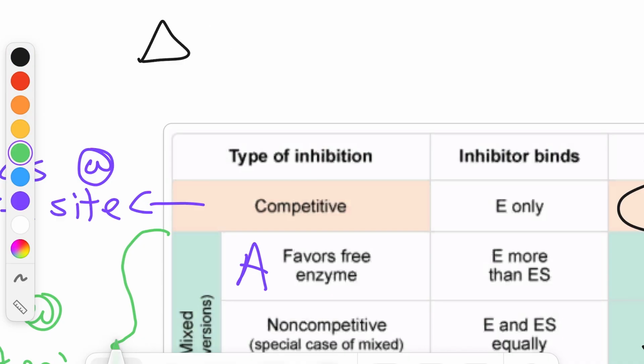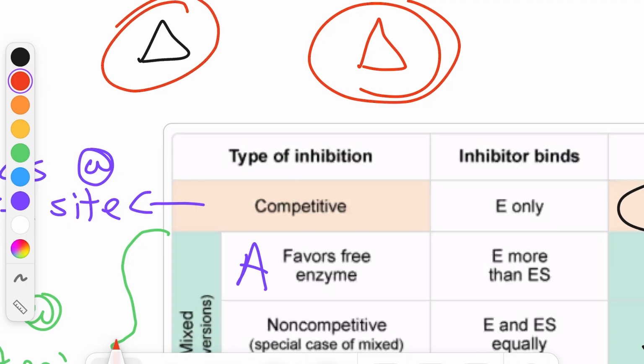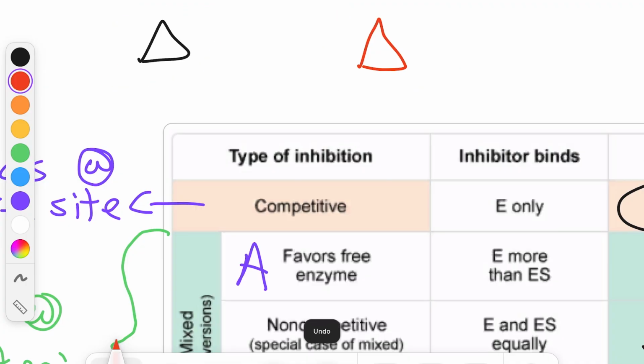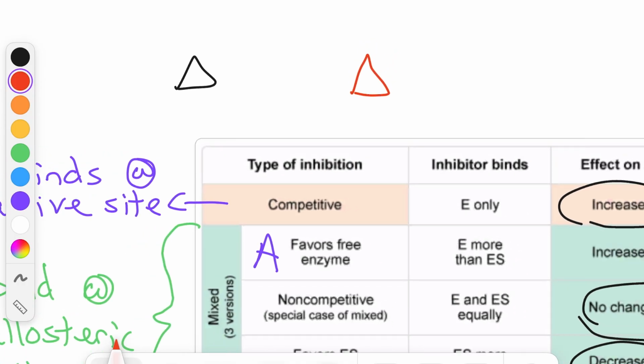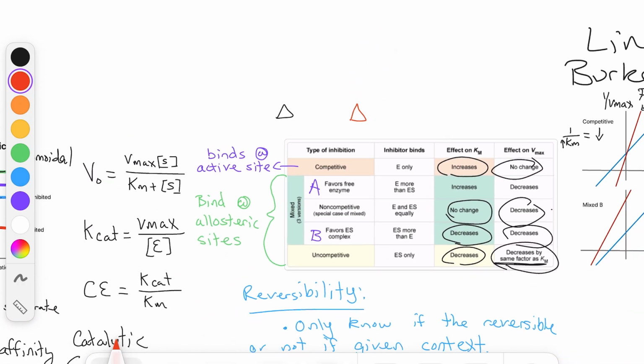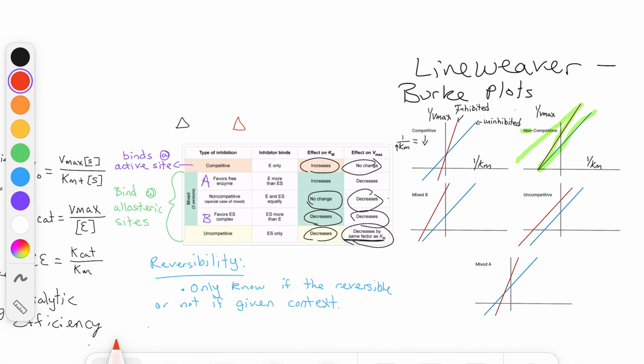They say, okay, here's our inhibitor here. They might not tell us anything else, but what we do notice is that the competitive inhibitor is the same exact shape as, or very similar shape to the substrate. That tells us it's competitive because it wants to bind to the active site. We know enzymes are specific and will only bind specific molecules in the active site. Okay, so all of this information is used to pick out which inhibitor is which.